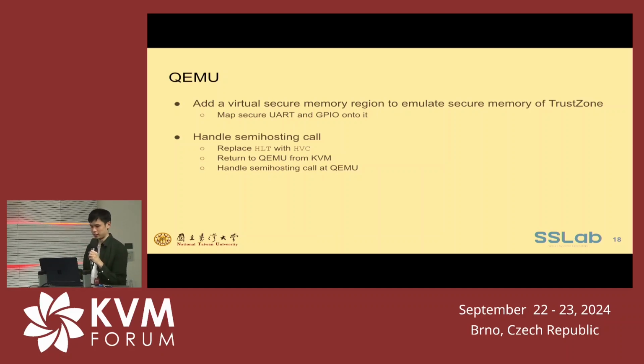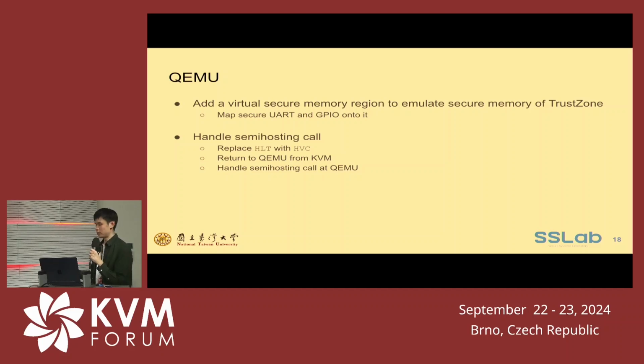So same as exception return, we need to replace them with hypervisor code first. Once the semi-hosting code is trapped to KVM, we return the control from KVM back to QEMU to allow QEMU to take over and handle the semi-hosting request. In QEMU, we leverage the existing Arm TCG semi-hosting handler.